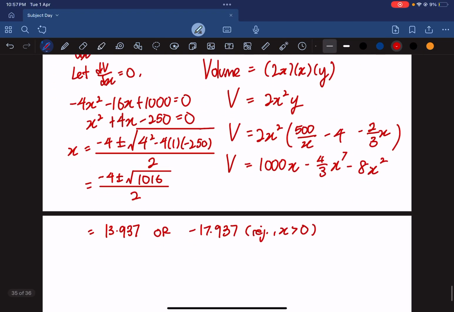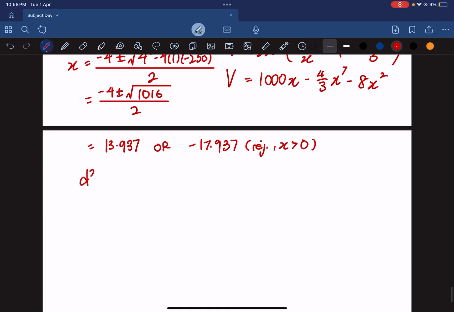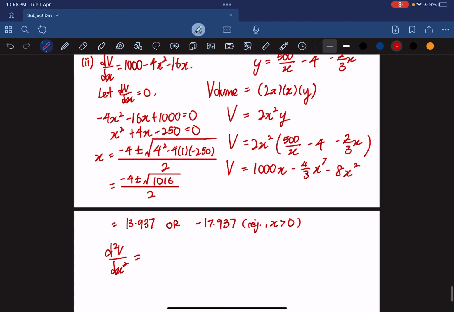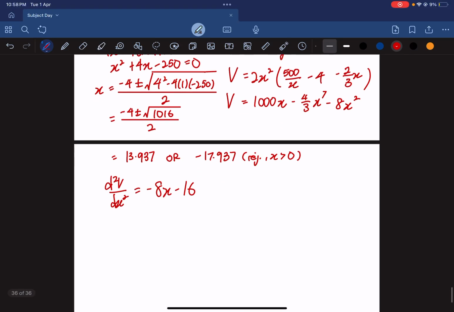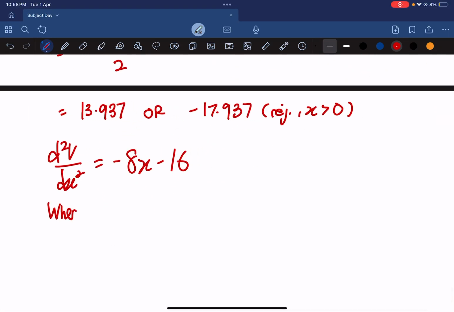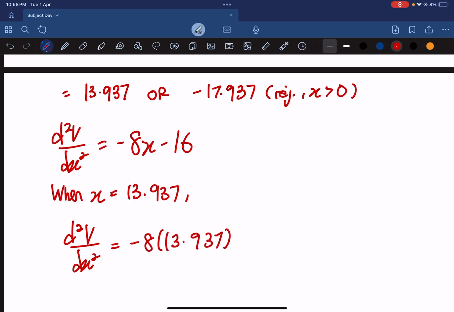Now once I found the value of x, to show that this is a maximum value, I can use the second derivative test since this is quite easy to differentiate. d squared V over dx squared is simply equal to negative 8x minus 16. So I sub in x equal to 13.937, d squared V over dx squared is negative 8 times 13.937 minus 16.